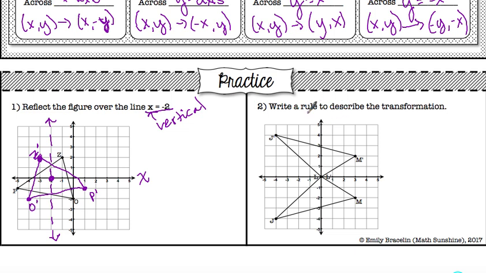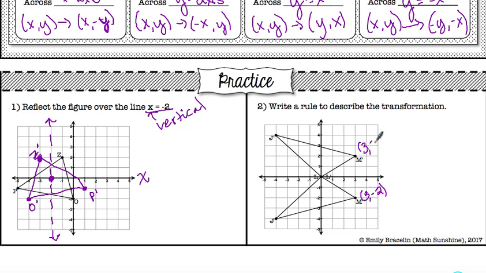It says write a rule to describe the transformation. So I don't actually have to know what I'm reflecting over. I know it's a reflection. It looks like it's flipped. I could just look at the points. It looks like I went from 3, -2 is M, to becoming 3, +2.